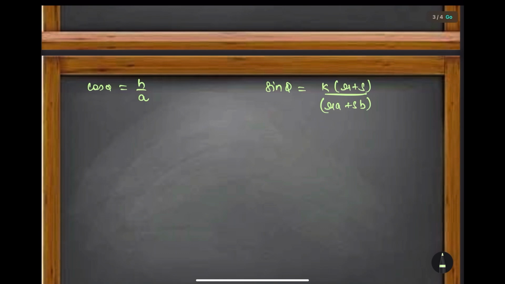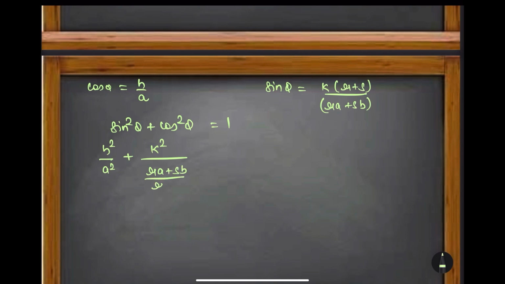So can I write h square by a square plus k square by ((ra plus sb) by (r plus s)) whole square equals 1. Now in this equation you have only h and k.